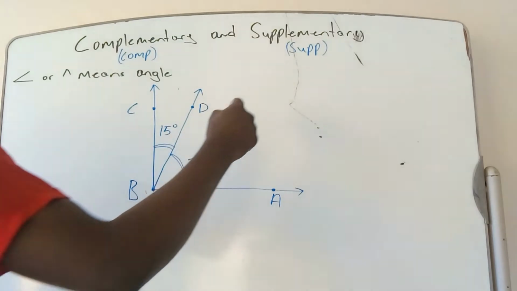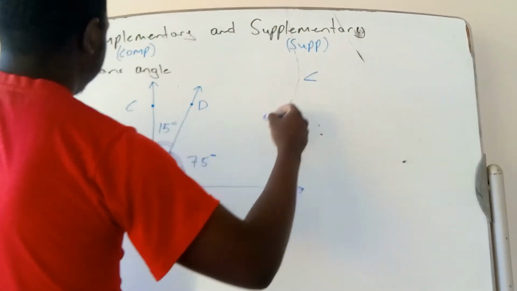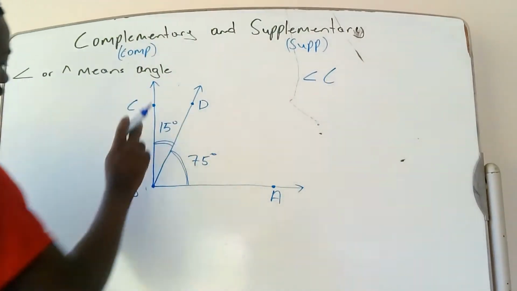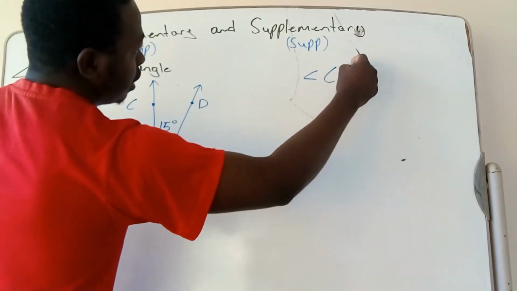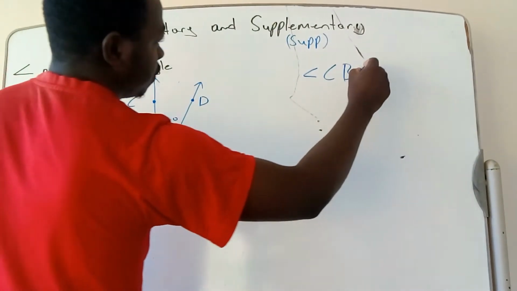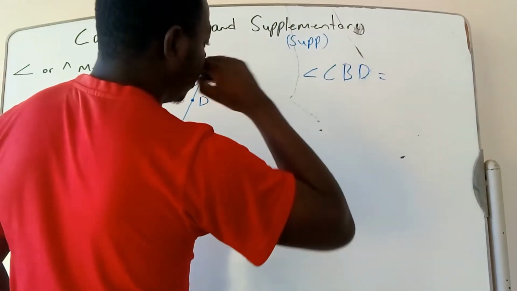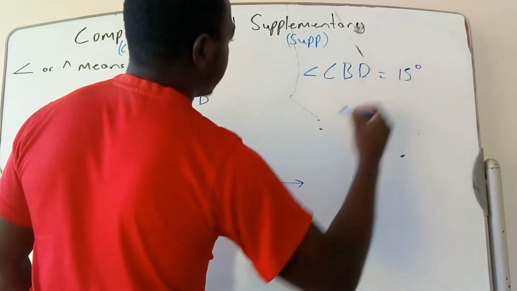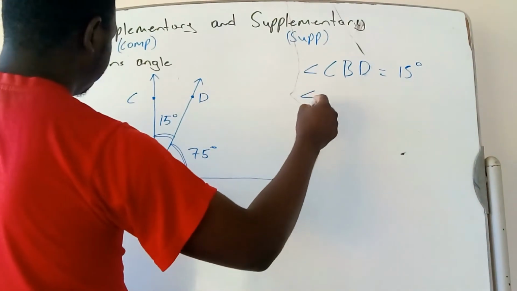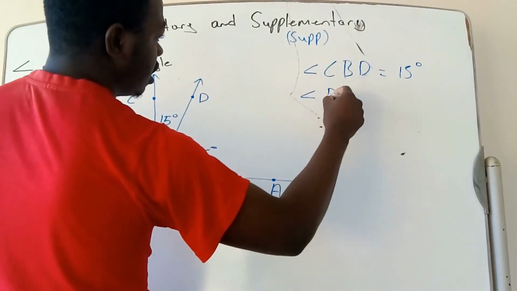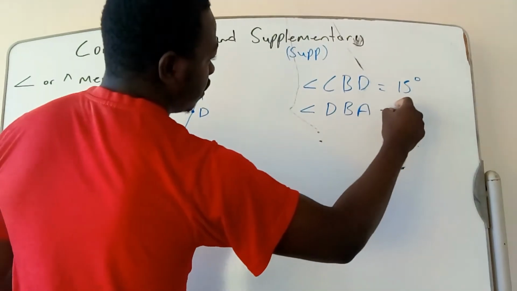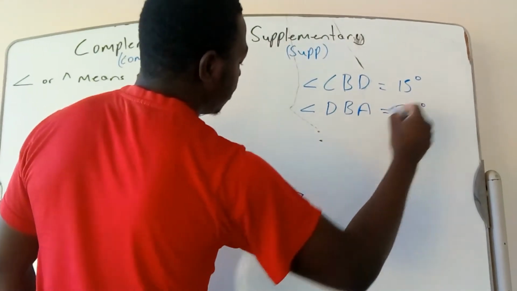Now, here we say that angle CBD is equal to 15 degrees. From the diagram, we can see that angle DBA is equal to 75 degrees.